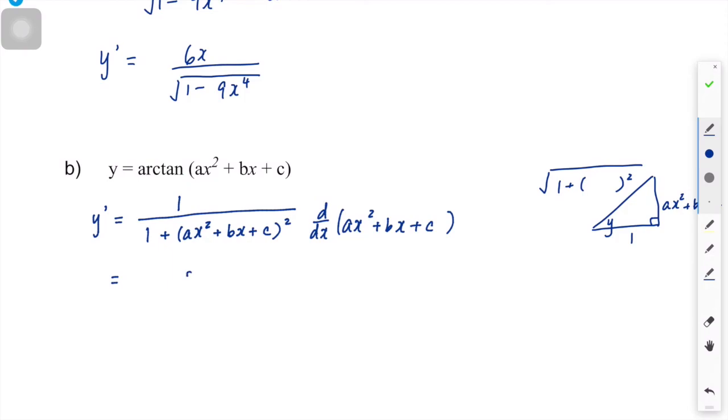Okay, which turns into 2ax plus b all over 1 plus ax squared plus bx plus c all squared.